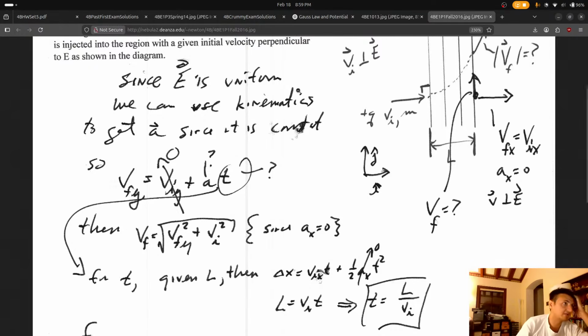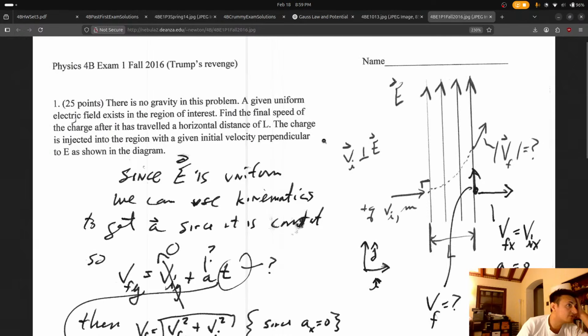So that's the final, oh, it said find the, there's no gravity in this problem. A given uniform field. Find the final speed. Oh, not find the final y direction speed. You got to read the problem.